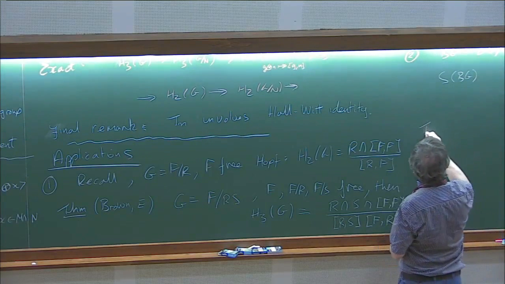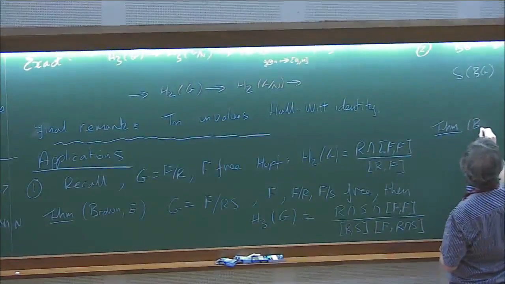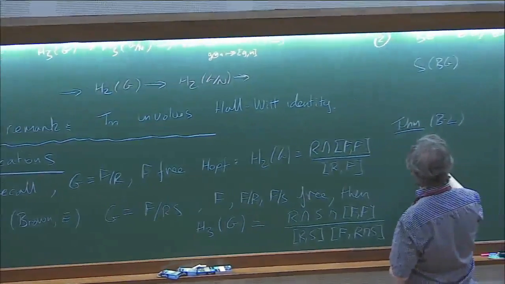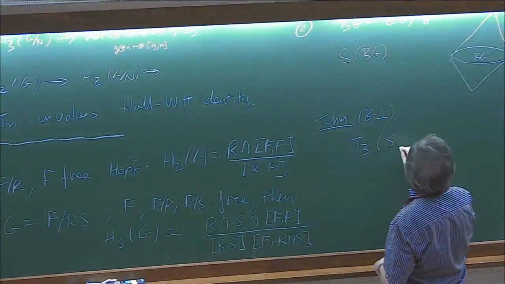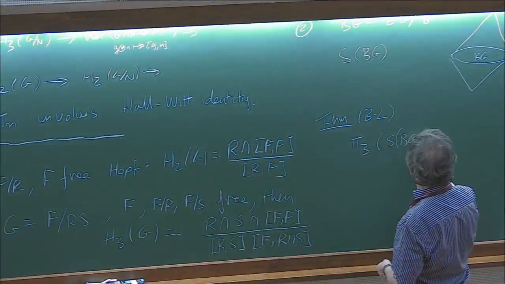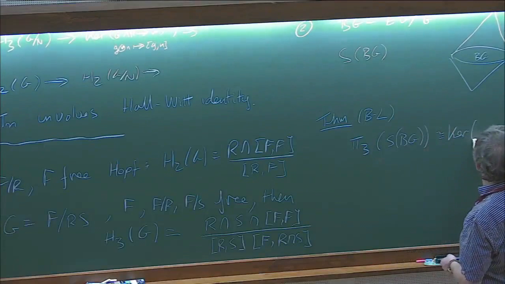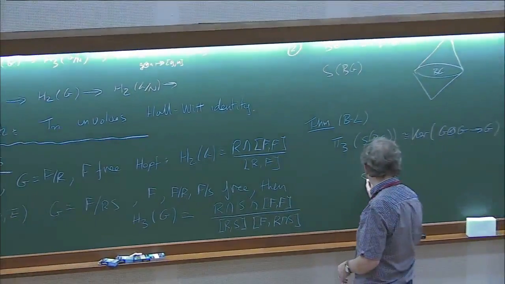Then there's a theorem, Brown and Loday, say BL, which says that the third homology of the suspension of this classifying space is just the kernel of the commutator map from the tensor square down to G. And in fact, you can suspend any space, so you could even suspend the suspended space.